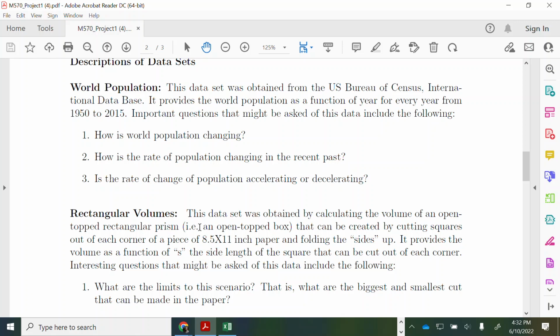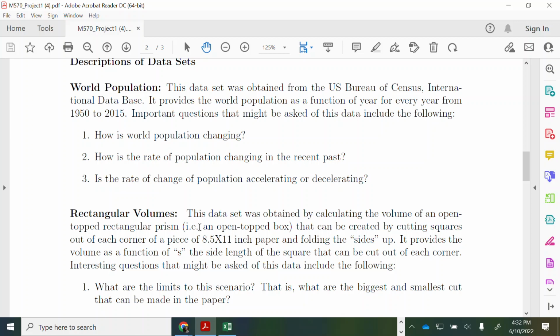So think of it as taking a little square of paper out of each corner, and then you're left with 4 flaps that you can fold up. If we took just a little centimeter square out of each corner, we'd have a very shallow box that would have a great surface area on its base, but not much height, right?